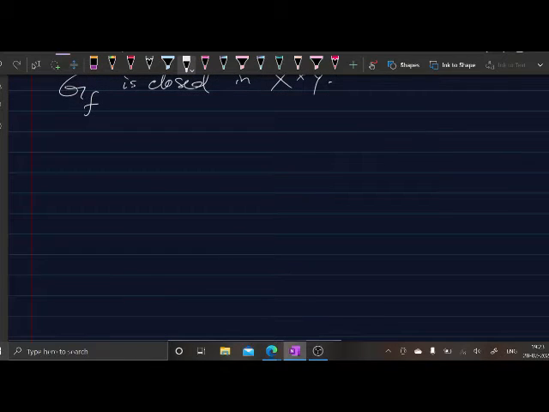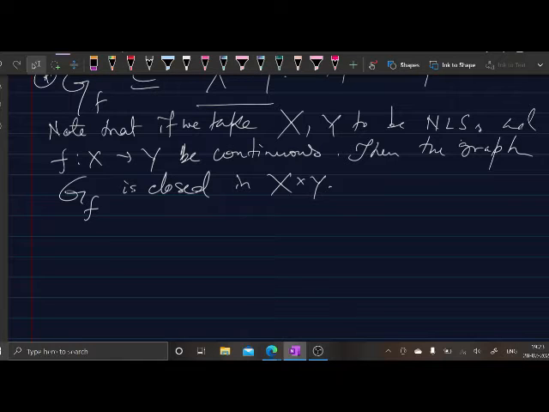Because if you take normed linear spaces, then suppose you take an ordered pair (x, y) that belongs to the closure of this graph, then what will happen?